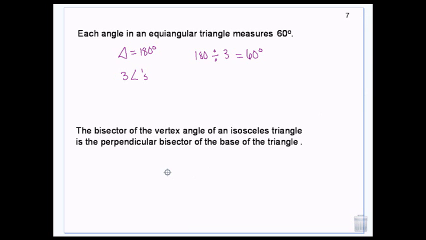And then if we have an isosceles triangle, so we know it's isosceles, and we come in with an angle bisector. Oh, darn it, I'm off. Oh no, I can't go in the middle.